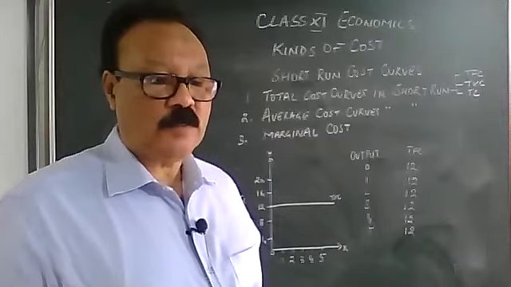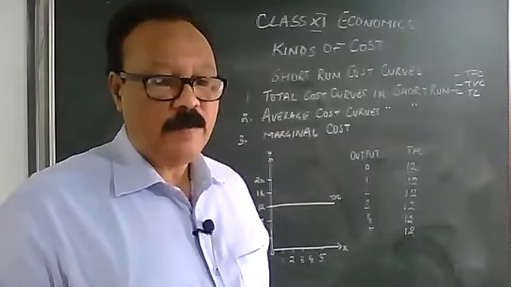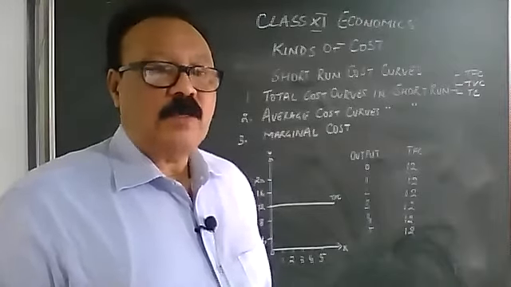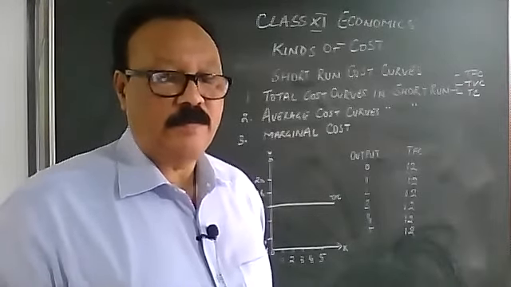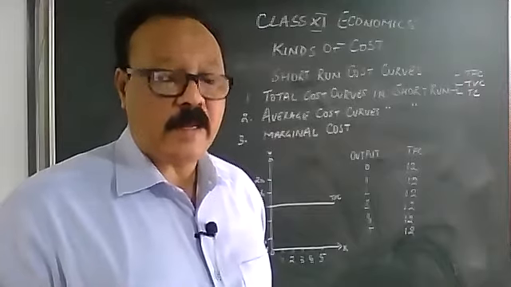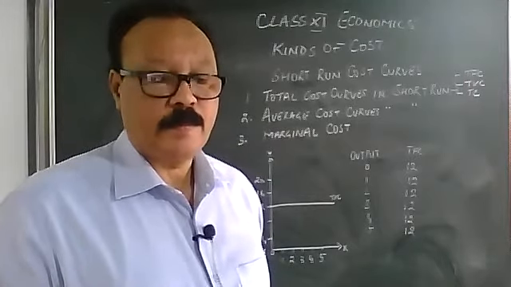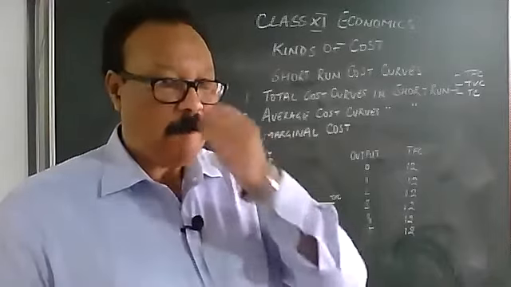The total fixed cost curve is a straight line parallel to the horizontal axis, indicating, what is it indicating?